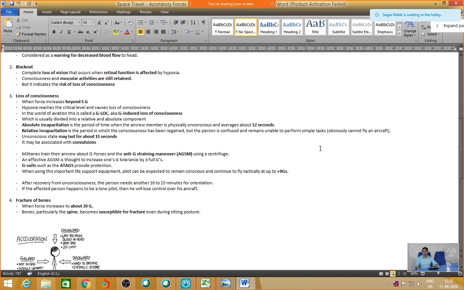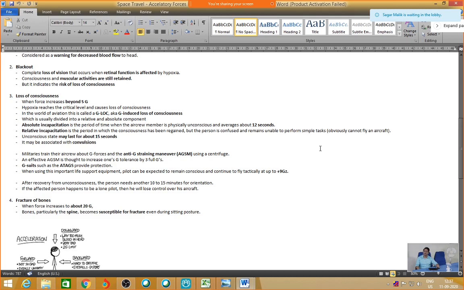Okay. Generally, when military pilots are trained, they have to undergo G-force maneuver training. Such training is known as AGSM, the anti-gravity straining maneuver.